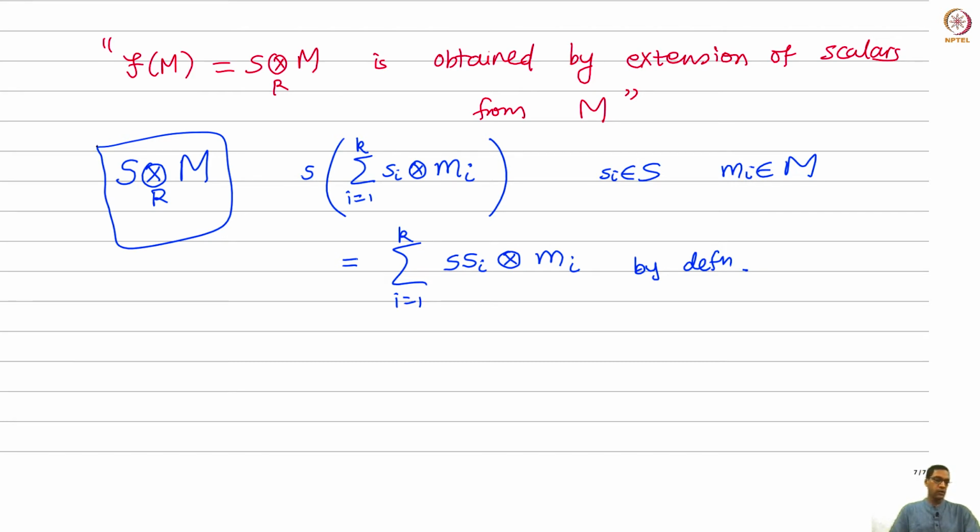Okay, good. Now, what is the point of this? In what sense is this the most natural module to associate to M? What's the special property that it has? That's the key. So here are the key properties. Let's call it a proposition. This new module S tensor M has the following two properties.